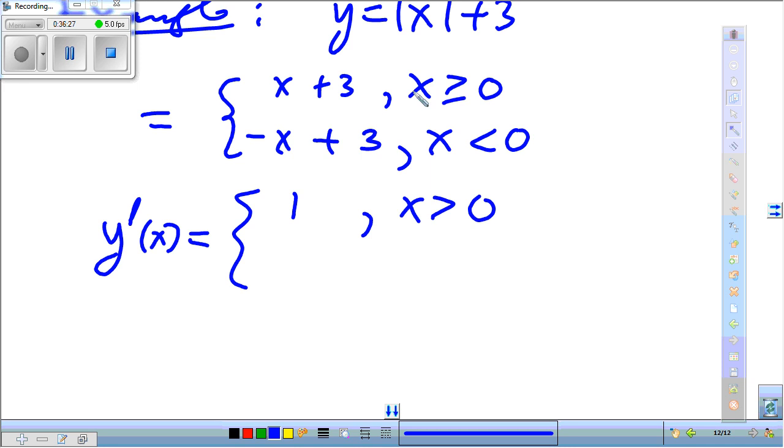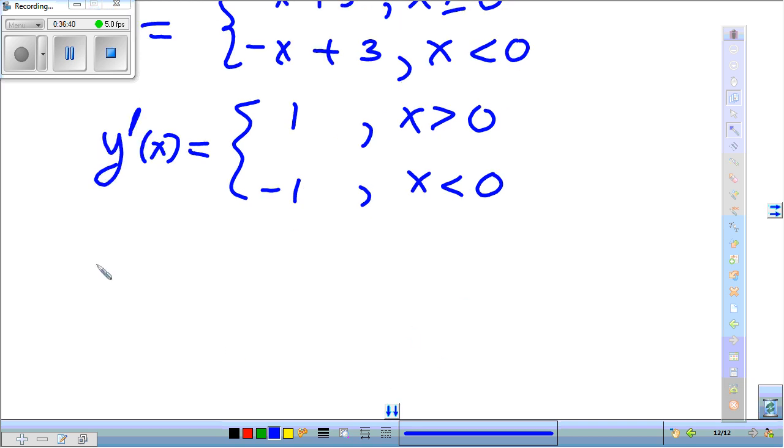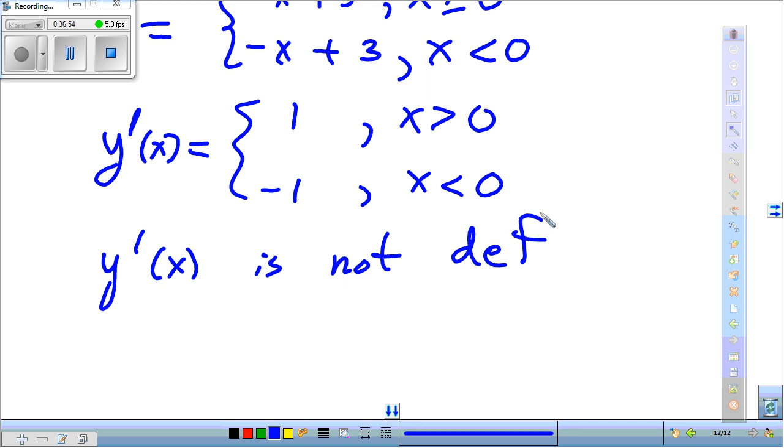If x is bigger than 0, we would see -1 if we look at the other piece, which would be valid if we stayed away from 0, but x was less than 0. But we have at the place where the pieces are spliced, we have a functional value, but there's no derivative, so it's not defined at that point.